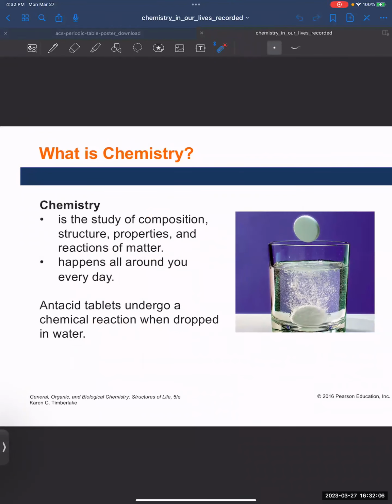So what is chemistry? Well, chemistry is the study of composition, structure, properties, and reactions of matter. So throughout the course together, you will learn what composition means, like maybe what a molecule is made of, or what's the difference between an element and a molecule. We will definitely discuss structure.